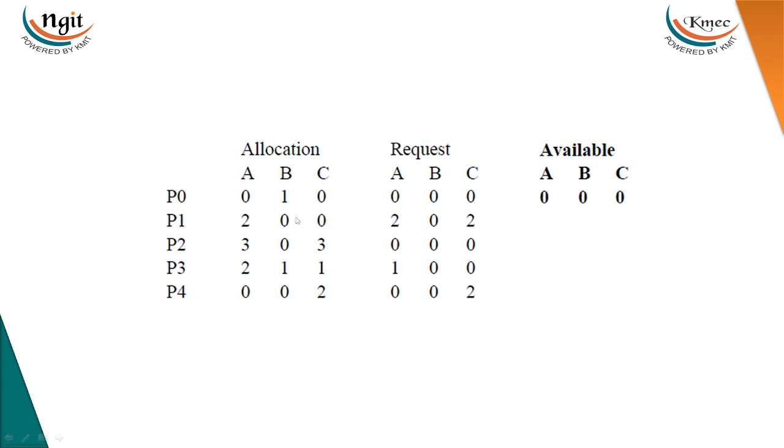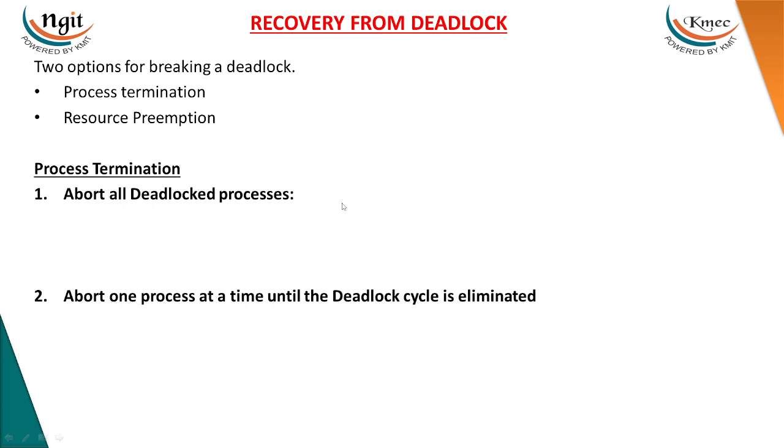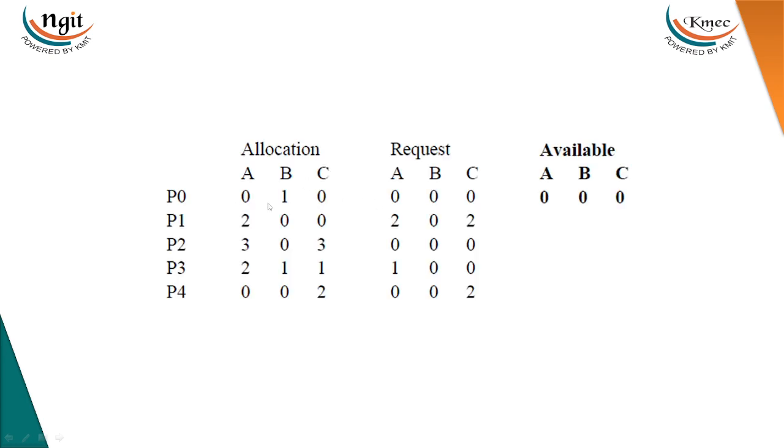But look here: 0 1 0, 0 0 0, it doesn't need anything, but it will finish. P0 is not requesting anything. It is allocated 0 1 0. There are no more requests here. That means after using it, P0 will complete its execution and return this allocation.